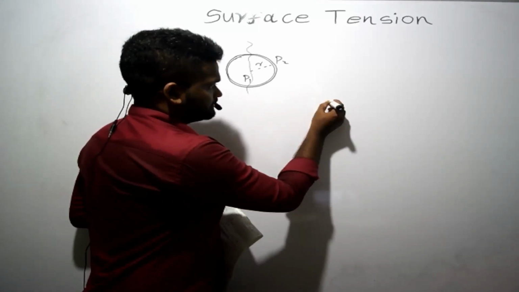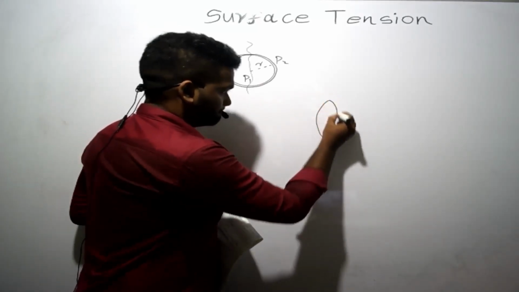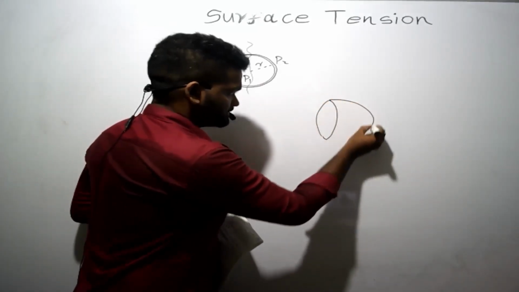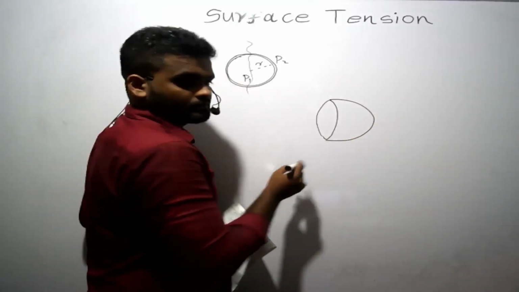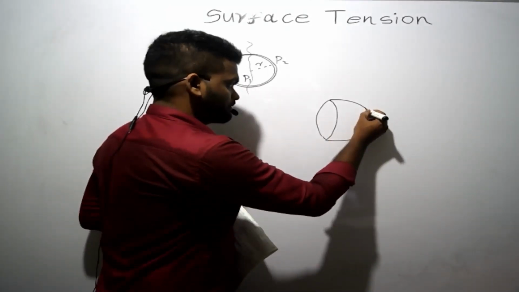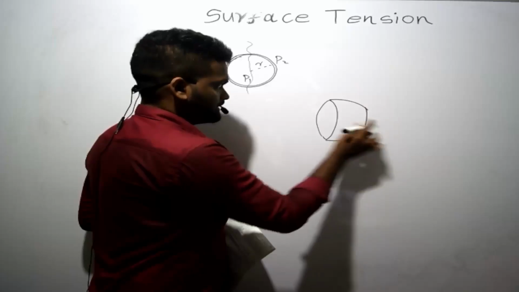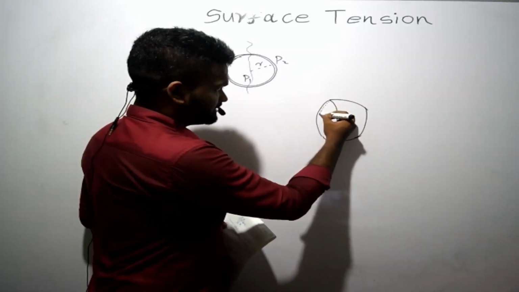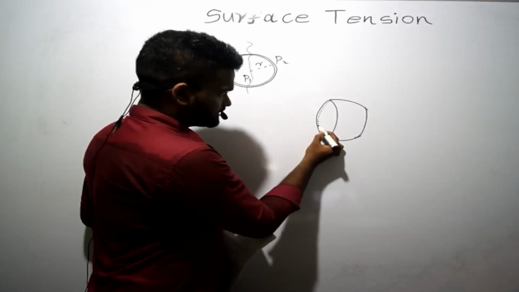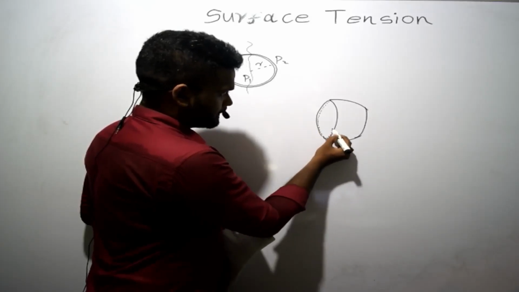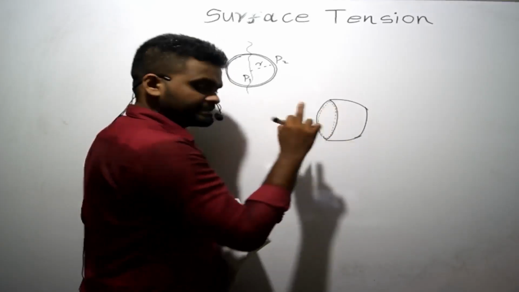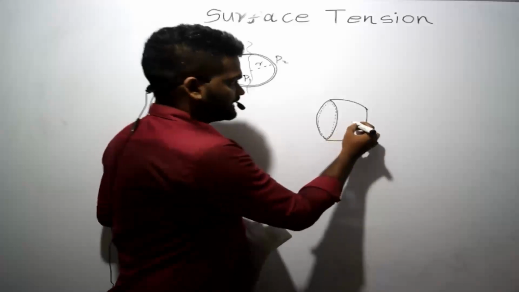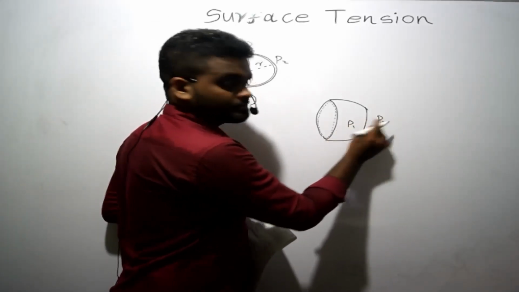When you take the half, it's like this. Right? And actually this has a soap liquid layer here. Similar to the previous case, internal pressure is P1, external pressure is P2.